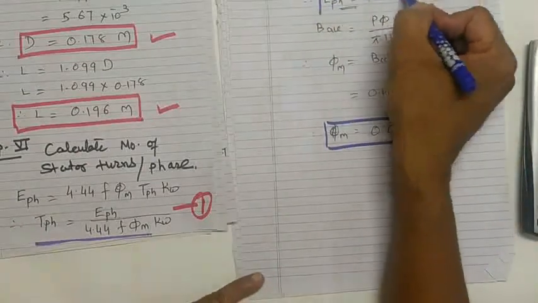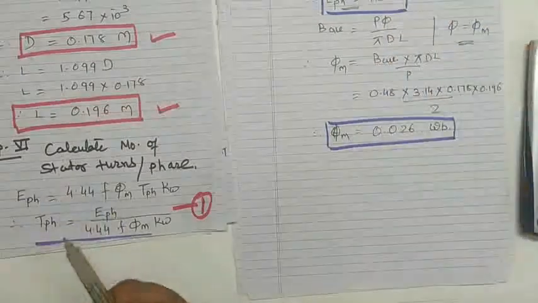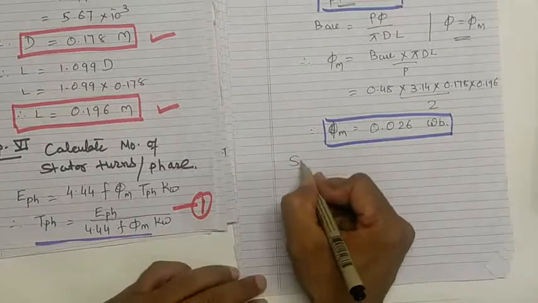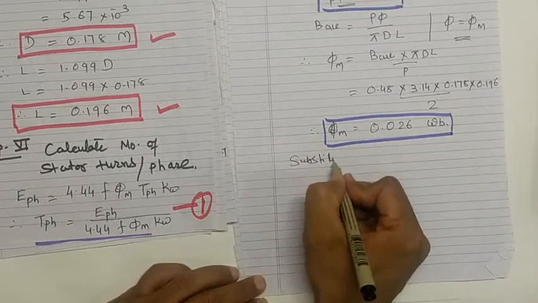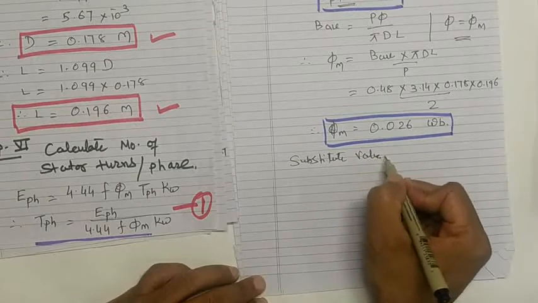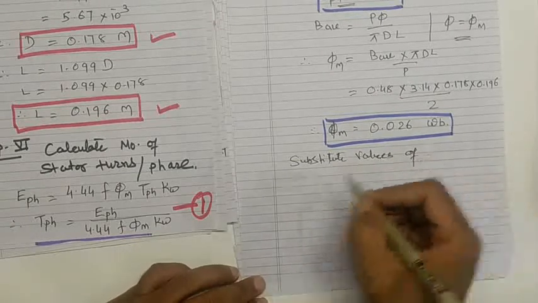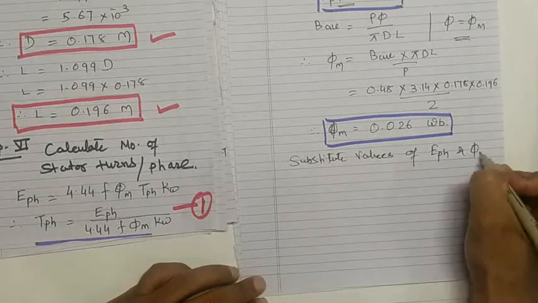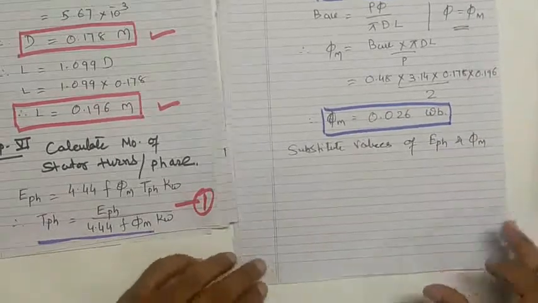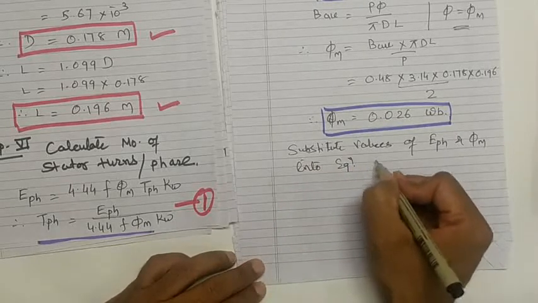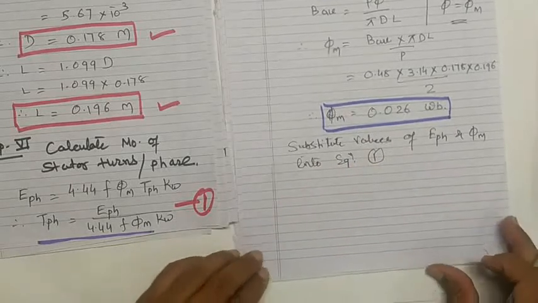So now we have the value of flux phi available, and we have E phase. So now let us substitute the value of induced EMF per phase and maximum flux into equation number 1.